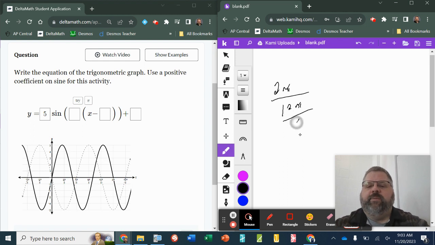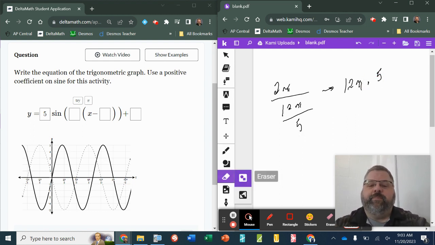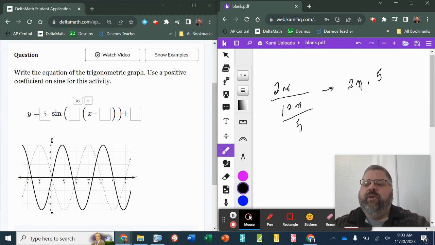over 5. Because I'm dividing by a fraction, I've got to rewrite this using multiplication. It should have been a 2 pi there. Getting a little carried away with my denominator. So this should be 2 pi times 5 divided by 12 pi.